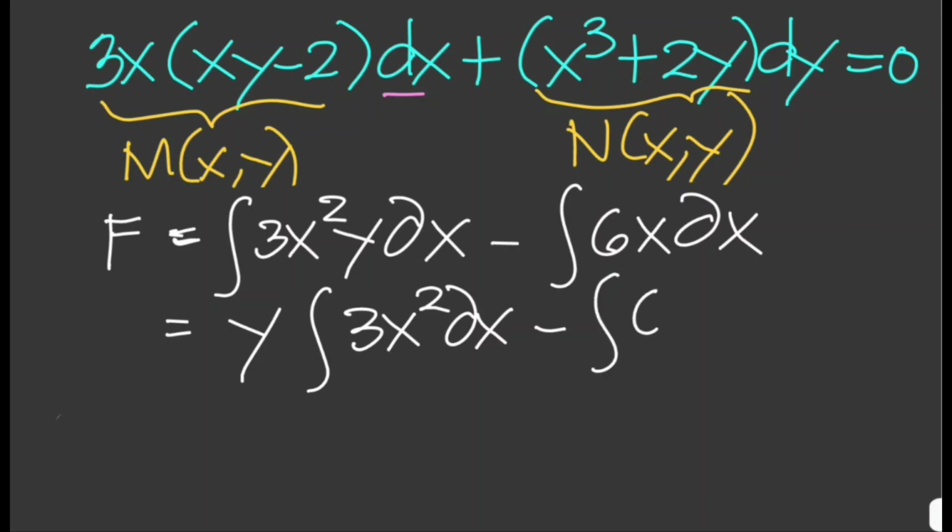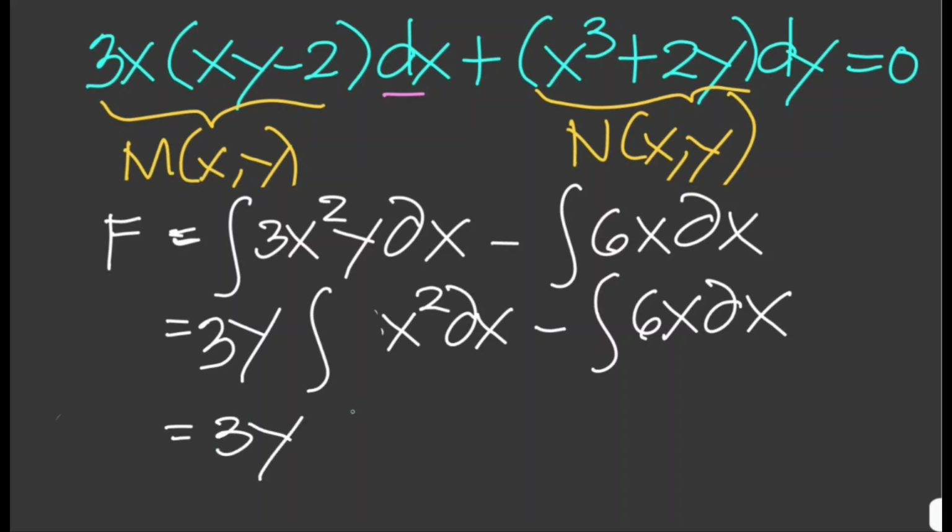minus the integral of 6x dx. I forgot 3. We can also factor out 3. Put 3 out. Alright. And then we have 3y times x cubed over 3 minus, and also here we should put 6 outside because 6 is a constant.